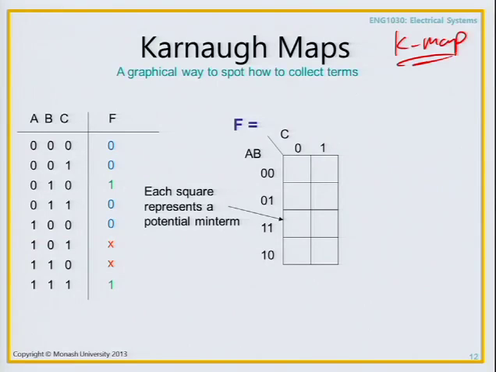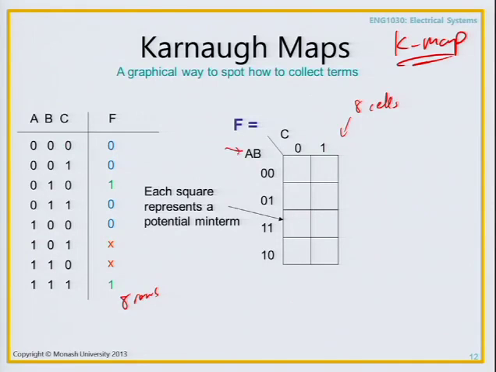What we do is draw a little grid, and the number of cells in the grid is the same as the number of rows in the truth table. So here we've got 8 rows, and over here we've got 8 cells, 8 boxes. Next, we enumerate each row and column, so each row and column gets a designation.